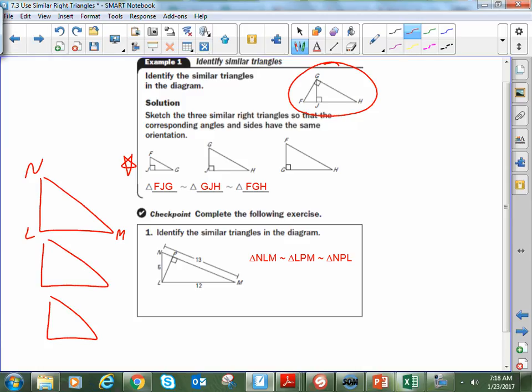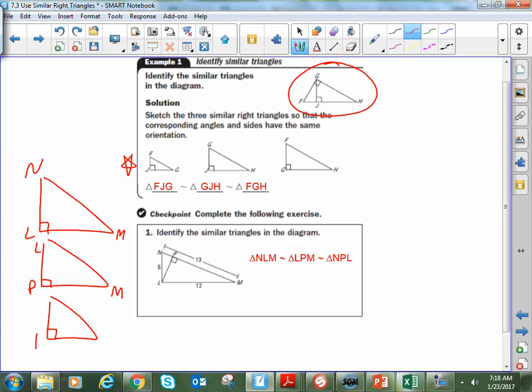Now, the one that I'm looking at each time to start me off is where the right angle is located. So for my other two figures, I want to know where the right angle is going to be located. On my medium-sized triangle, my right angle is point P. The long leg of the right triangle goes from P to M, and then the short leg goes from P to L. And then I'm going to look the same way on the small figure.